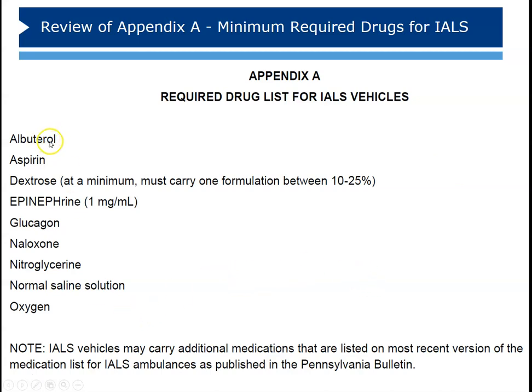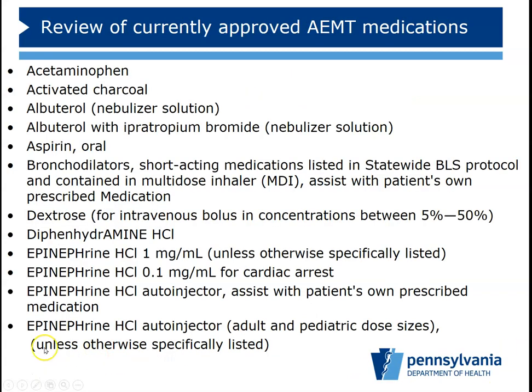They include albuterol, aspirin, dextrose, your epinephrine, your 1 milligram per milliliter concentration, glucagon, Narcan, sublingual nitroglycerin, a normal saline solution, your isotonic solution, and oxygen. But again, they may carry additional meds that are allowed and approved by your medical director.